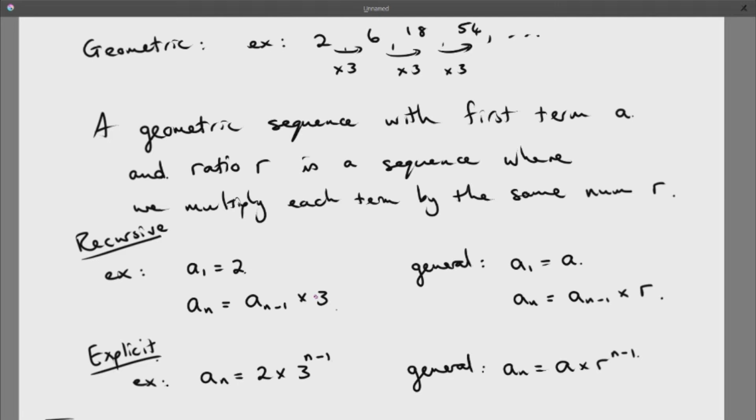Easy enough. It's a new explicit formula to memorize. But it's not a very long one. And also, still, just like for the arithmetic sequences, the key numbers in the sequence feature in the formula: the first term and the ratio that I multiply by.